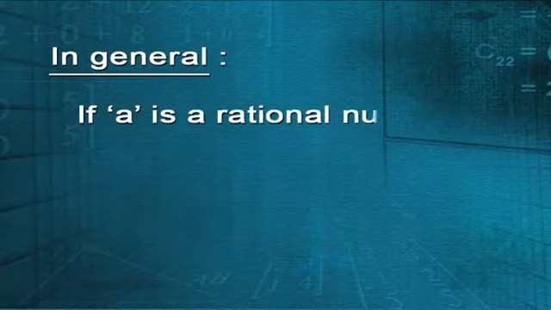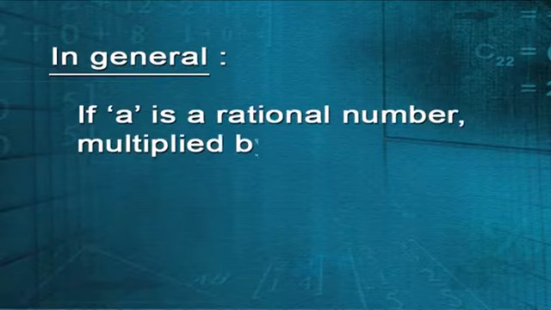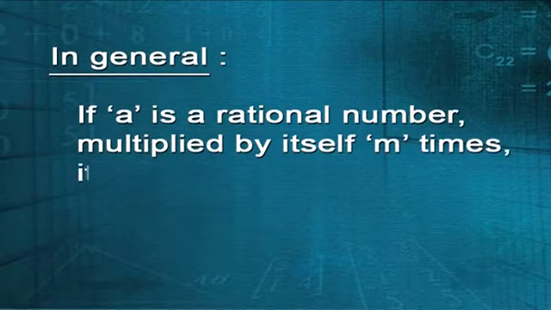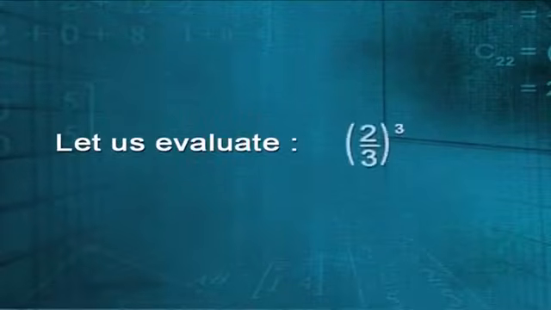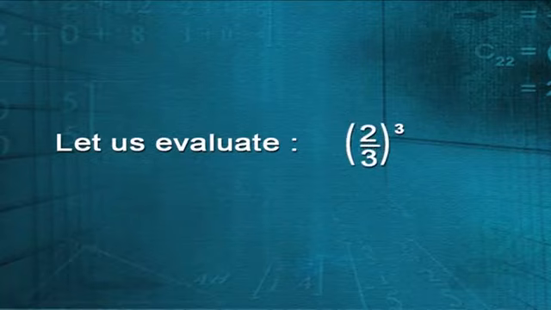In general, we can say that if a is any rational number multiplied by itself m times, then it is written as a raised to power m, where a is the base and m is the power. Let us evaluate 2 by 3 raised to power 3. Now, here base is 2 by 3 and power is 3. Since the power is 3, the exponential form says that 2 by 3 is multiplied to itself how many times? 3 times.